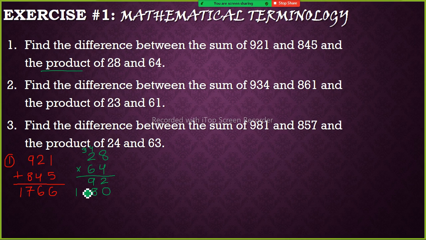Then we have 2 plus 0 is 2. 9 plus 8 is 17. 6 and 1 is 7. I get 1792, 28 times 64. Something is wrong. I can't pick it up.